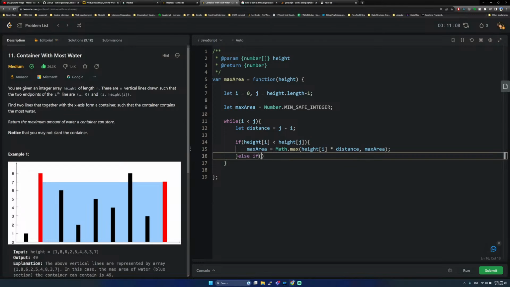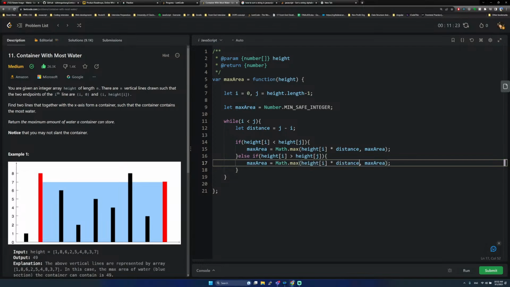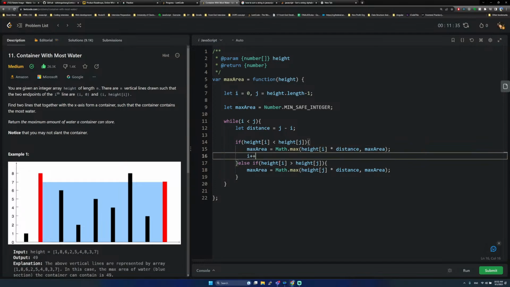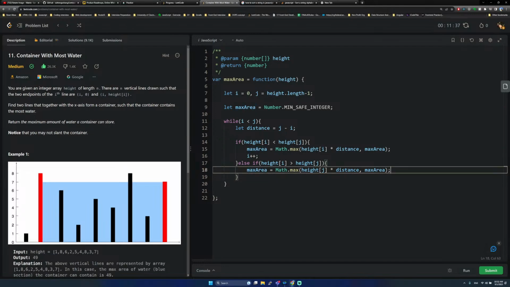Else if height of i is greater than height of j, then we do the same thing here but with height of j. And i was shorter, right? So i plus plus and j minus minus.